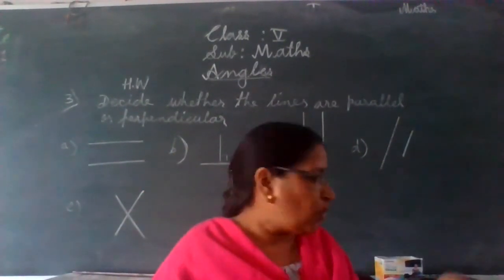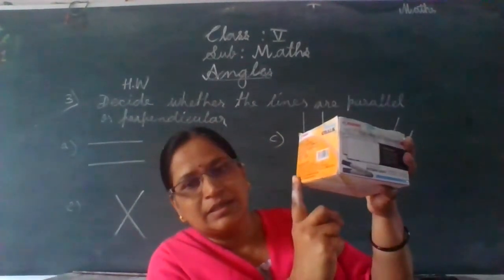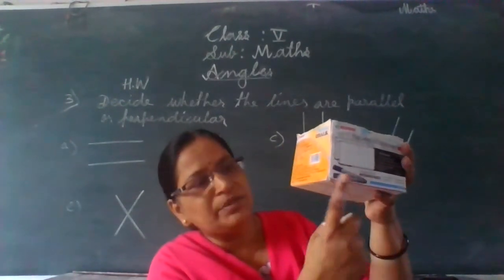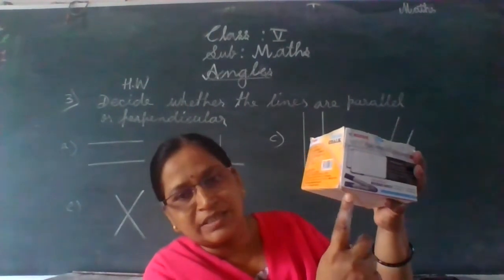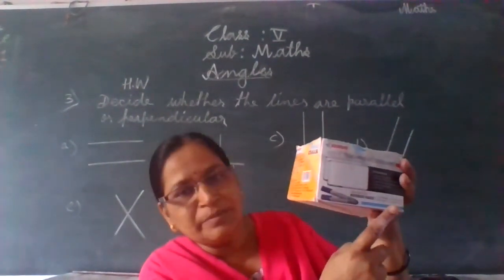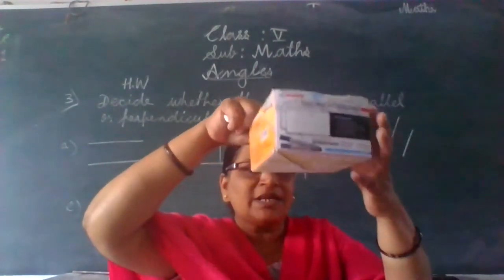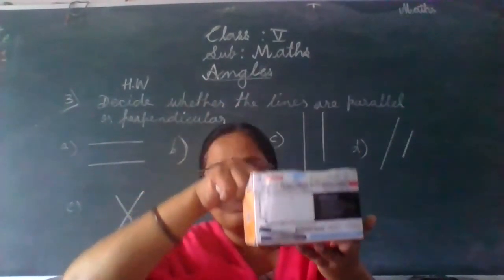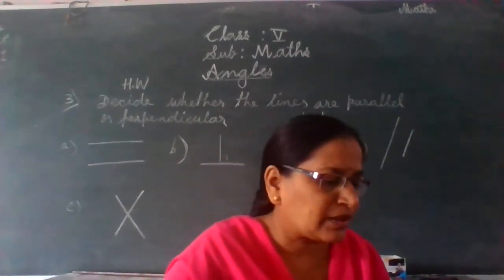So see the top of, for example, see this line and this line. Means this edge of the box and this edge, they are adjacent. Why? Because they meet at a single vertex. So see beta, they are also perpendicular to each other. And see this edge and this edge, they are the opposite edges. They are parallel to each other.